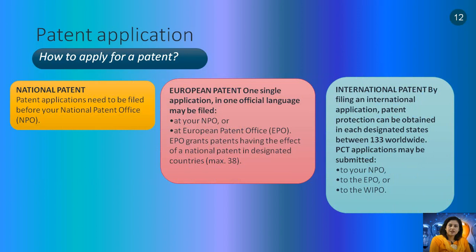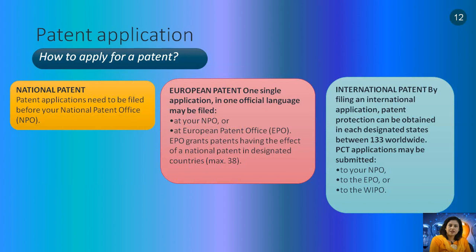If you want to have European patent, there has to be one single application in one official language. You can either submit it to your NPO or at EPO, that is European Patent Office. European Patent Office grants patents having the effect of a national patent in designated countries.